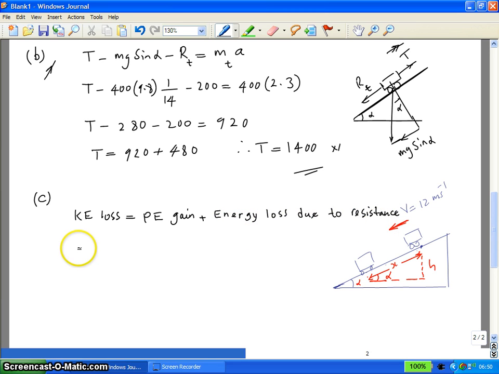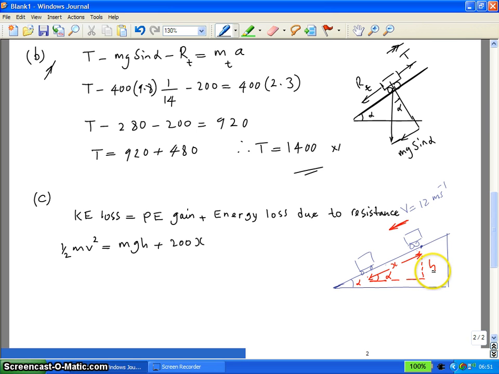So we know the kinetic energy is half mv squared, the potential energy is mgh, and the energy loss due to the distance: the force of the air resistance was 200 times the distance x. That gives us the energy loss due to the resistance.